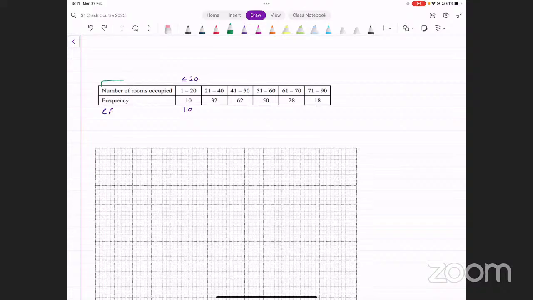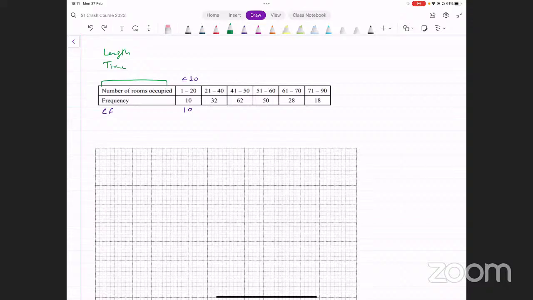If this variable was something other than rooms occupied, so maybe if they were talking about time, for instance, or the length of something, now these variables would be continuous, which means they could also have values in decimals.